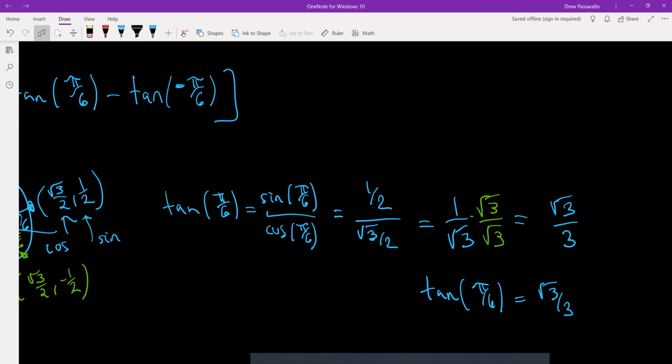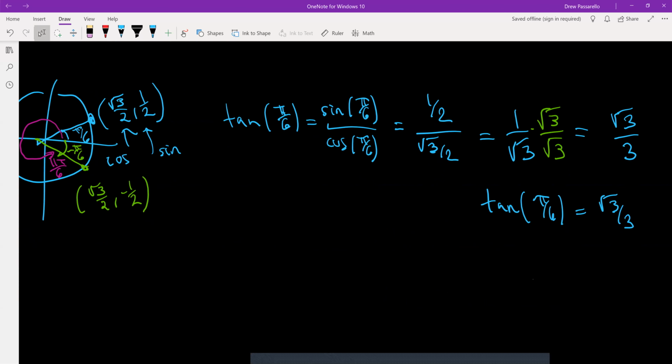Now tangent of negative pi over 6, same as tangent of 11 pi over 6, on the unit circle. Again, that's sine over cosine.